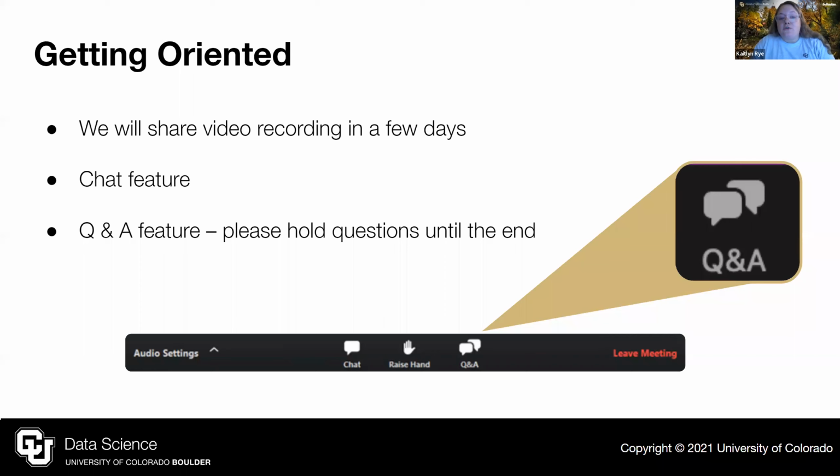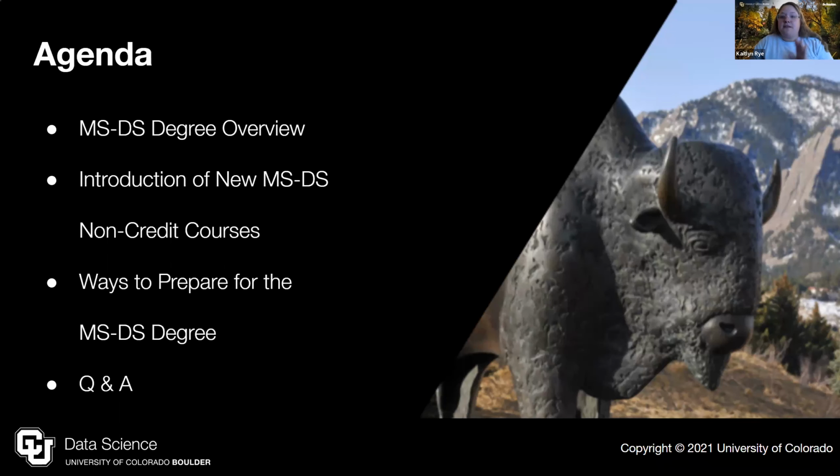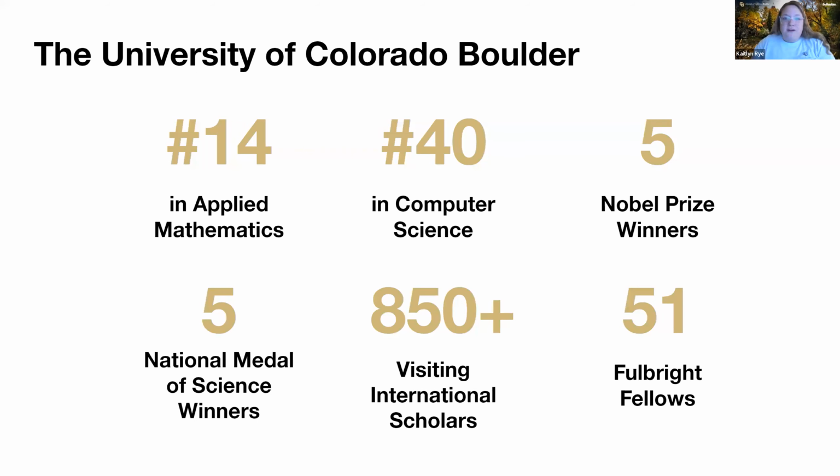But then we'll also use about 30 minutes for Q&A at the end. So we do ask that you hold questions to the end because we likely will get to your questions throughout the presentation, and then we promise that we have about 30 minutes at the end for those Q&A. So we'll go ahead and get started with the first agenda point, which is the MS-DS degree overview. And so for that, I'll turn it over to Mika.